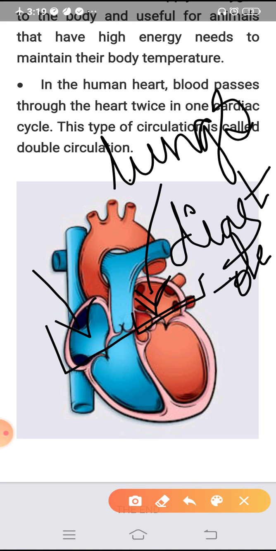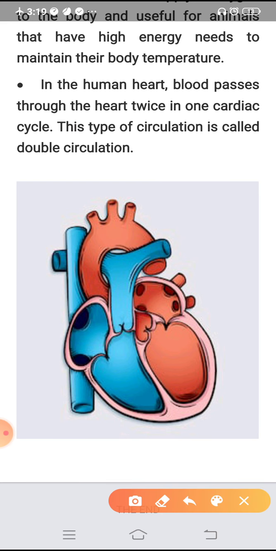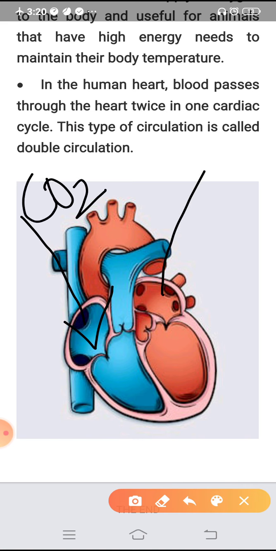The right auricle receives the deoxygenated blood, and the left auricle receives the oxygenated blood. So this blood enters the auricles.